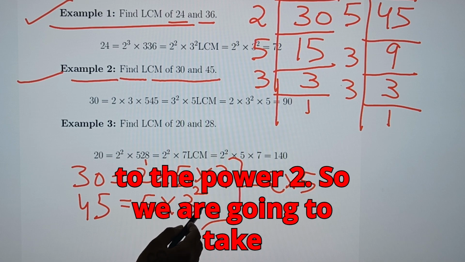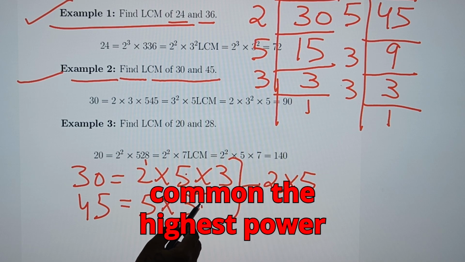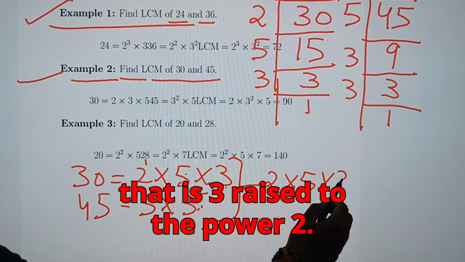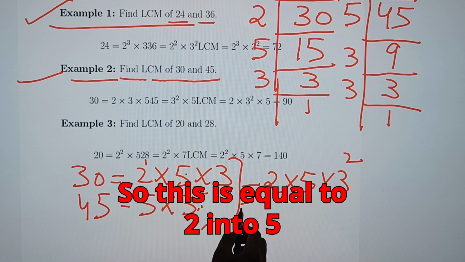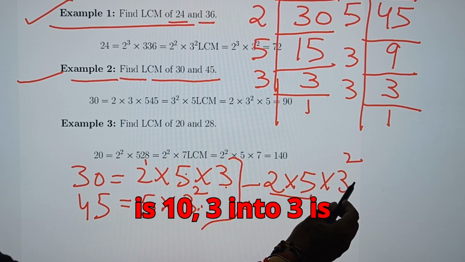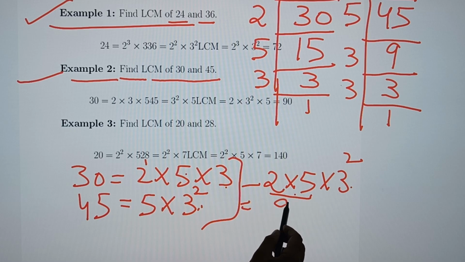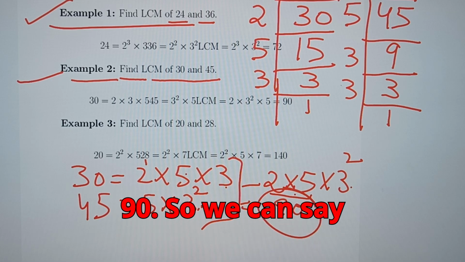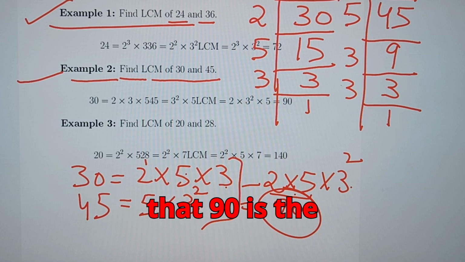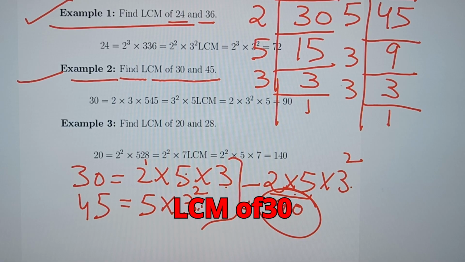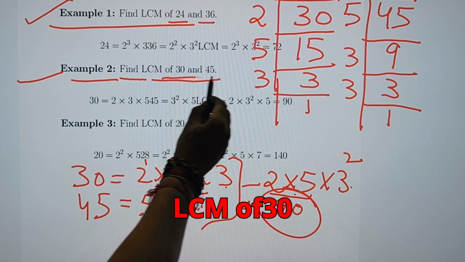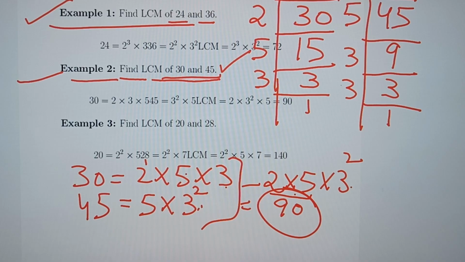So we are going to take the highest power, that is 3 raised to the power 2. So this is equal to 2 into 5 is 10, 3 into 3 is 9, so 9 into 10 is 90. So we can say that 90 is the LCM of 30 and 45.